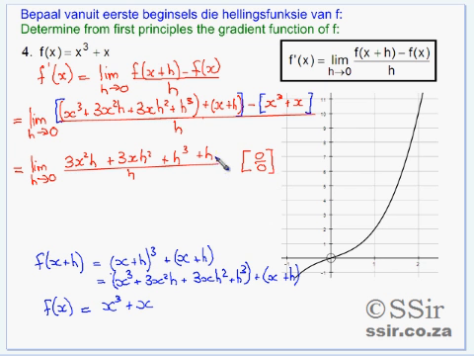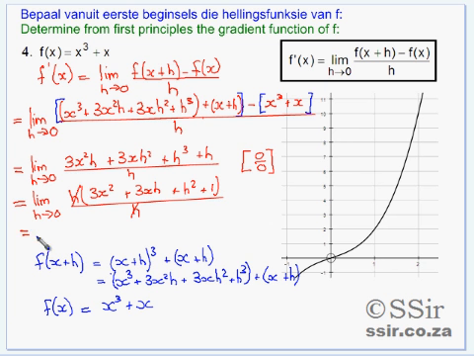I can take out a common h from the numerator, and I get h outside, which can now cancel out with the h in the denominator. And if I now make h 0, in other words, I determine the limit. So in the next step, I'm not going to write down the limit. Our answer is now 3x squared plus 3 times x times 0 plus 0 plus 1.